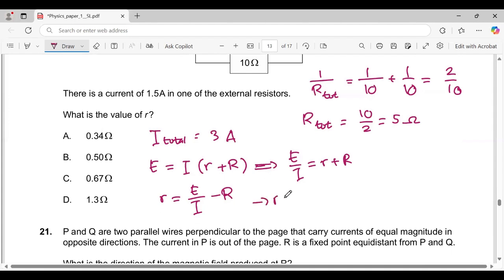So R equals E is 17, I is 3, minus 5, and the result is 0.67 ohm. This one, 21.